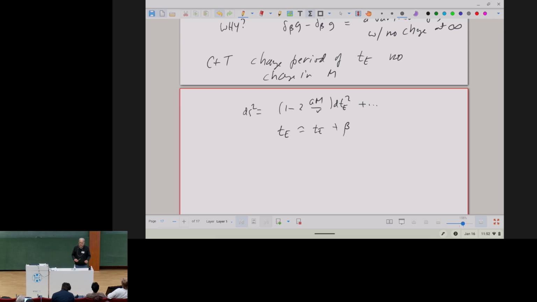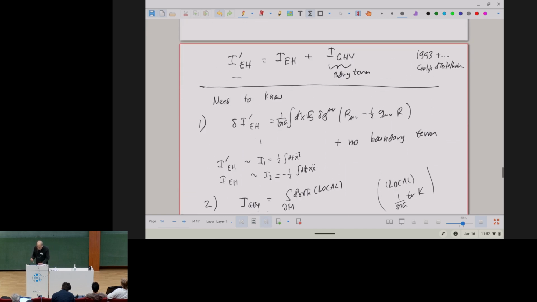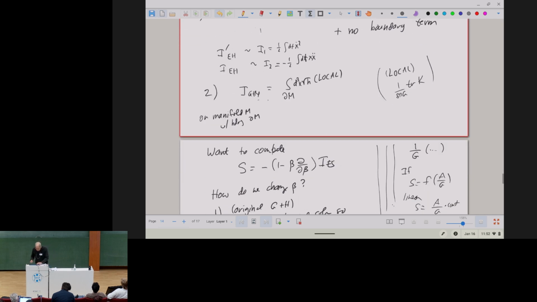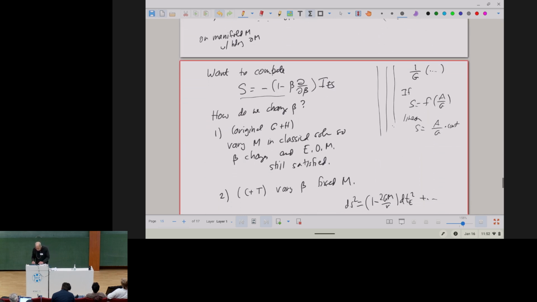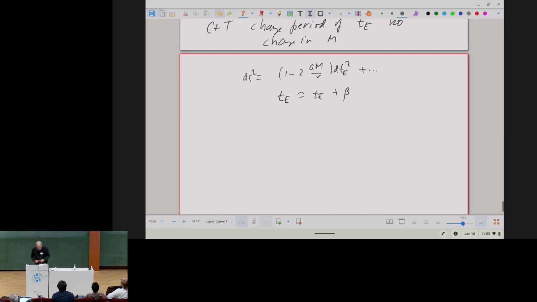Now, these procedures will only give the same change in the metric to first order, because this nice formula that we're using is for first order variations of the metric. But since we're trying only to evaluate the entropy, we only need to know what happens if we change the metric, change beta, in first order. So therefore, this procedure is good enough for computing the entropy.